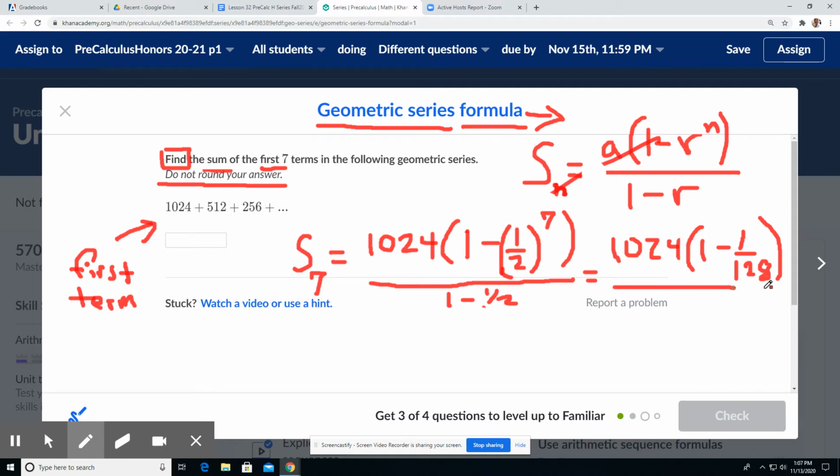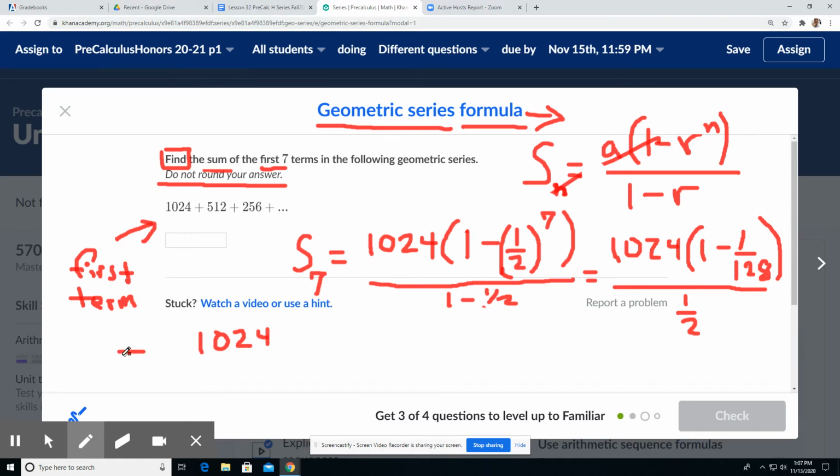And on the bottom, 1 minus 1/2 is just 1/2. Then next, it was separated by the divide sign, so that's why I took care of that. 1 minus this, well, you're just taking 1 off of it. So this is like a whole. So that's going to give us 1024.